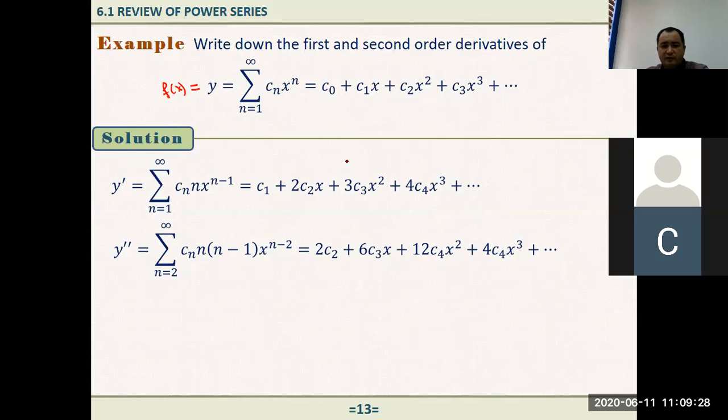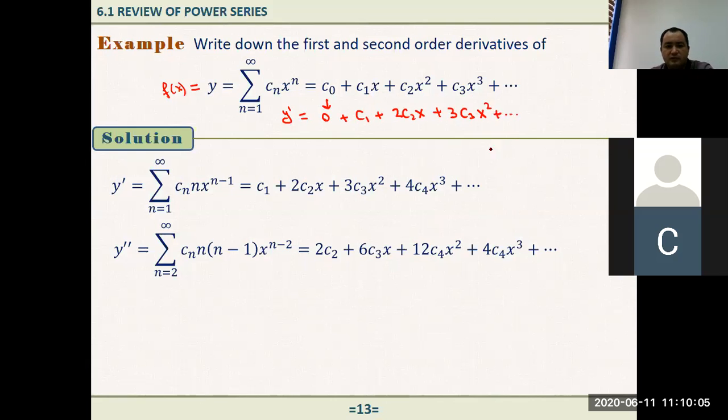So now if I differentiate this, what is y prime? I need to differentiate each term, one by one. So that is a constant, which is equal to 0. Let me just write here, y prime is equal to: this term is 0, this term is c sub 1, this term is 2c sub 2 x, plus this term 3c sub 3 x squared, and continuing.